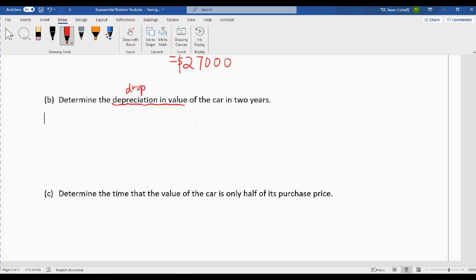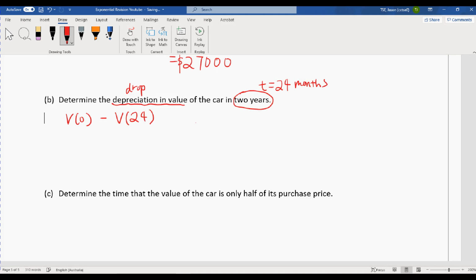So that means not the value after 2 years, but the decrease in the value. So the depreciation should be V0, your initial value, minus the value at 2 years. Remember 2 years means 24 months, so t equals 24 months. I need to input 24 here.